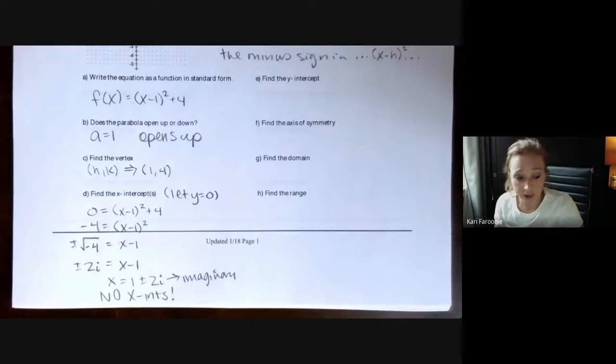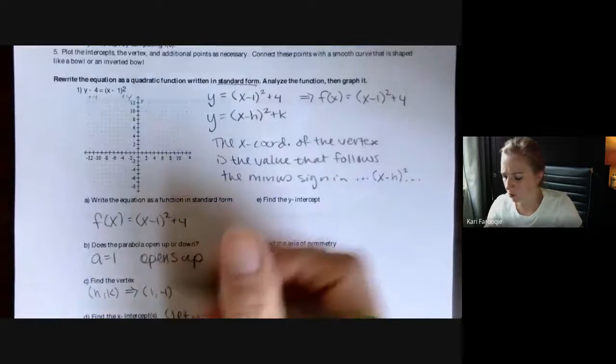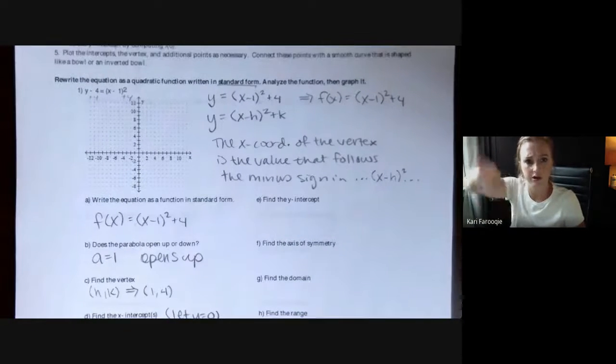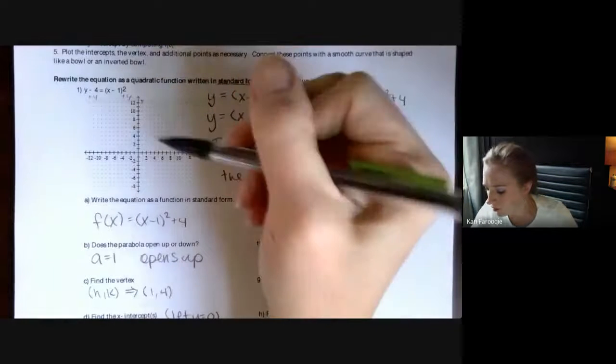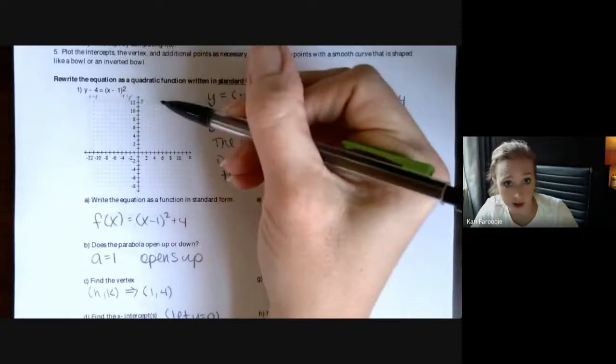Now, sometimes I see students immediately plot the vertex, and they would say, okay, if the vertex is at 1, 4, and remember the vertex of a parabola is that place where it either bottoms out or hits its max. So they would say, if the vertex is at 1, 4 and the parabola opens up, there's no way it can have any x-intercepts.